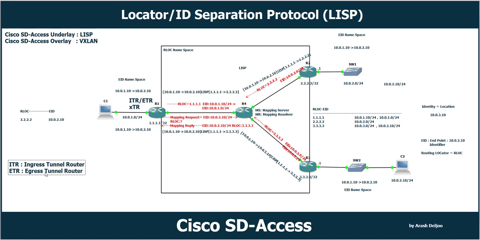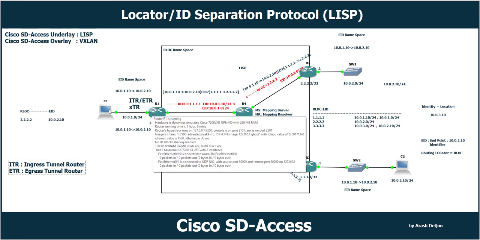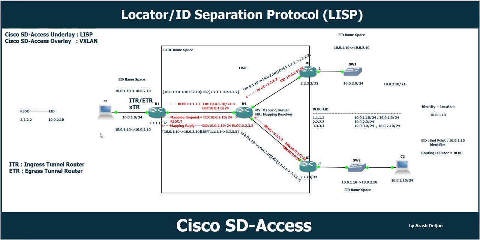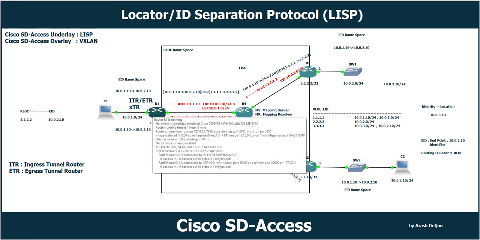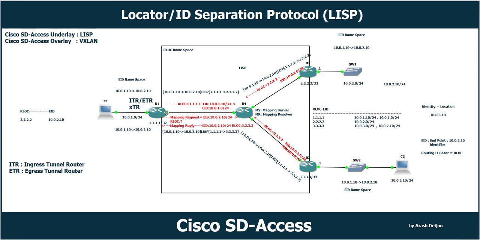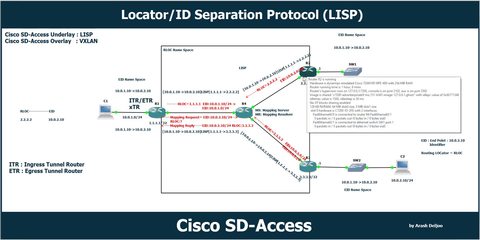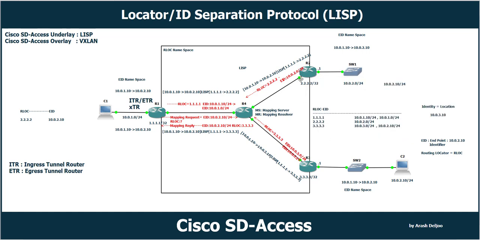It means that R1, when it encapsulates the traffic received from computer 1, is the ITR. It will encapsulate the traffic, so it is the ingress tunnel router. It is establishing the tunnel and will send the traffic to router 2. Router 2 de-encapsulates the traffic, so it is the ETR, egress tunnel router.